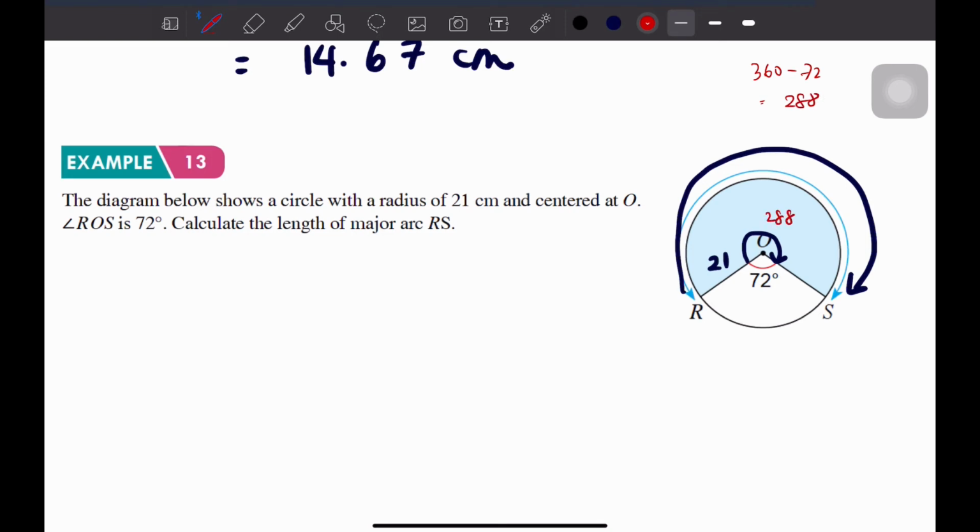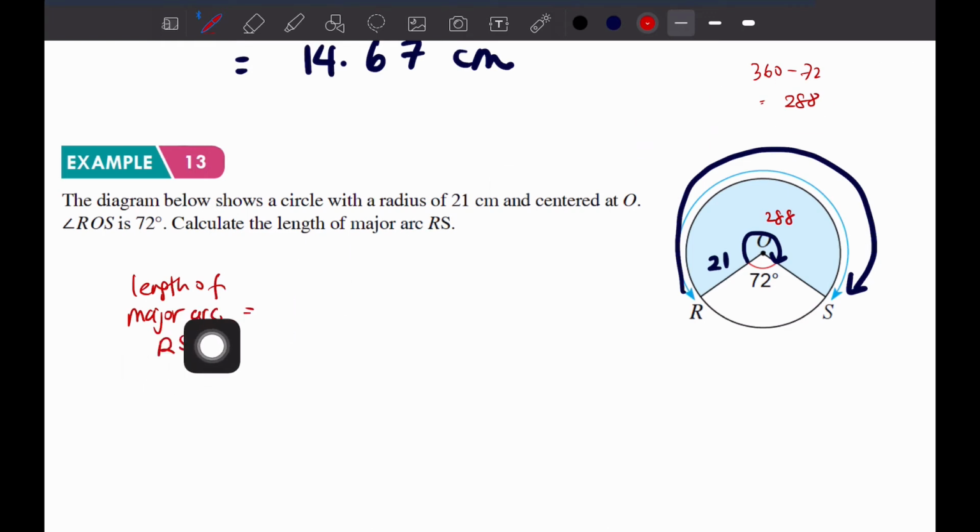So the length of major arc RS. For length of arc, you write the formula for circumference, 2 pi r. This is for the whole circle, but you want to find a part of the circumference with enclosed angle 288. So you put 288 over 360 in front of the formula.